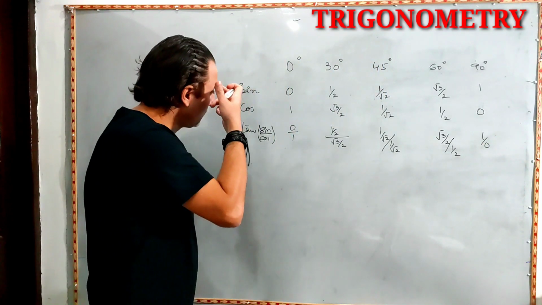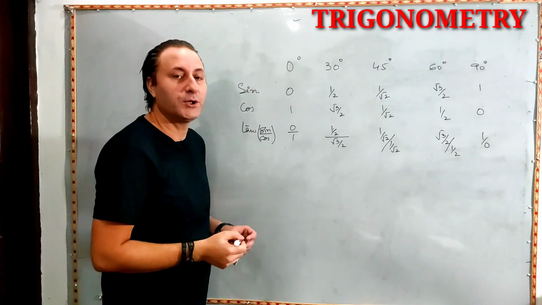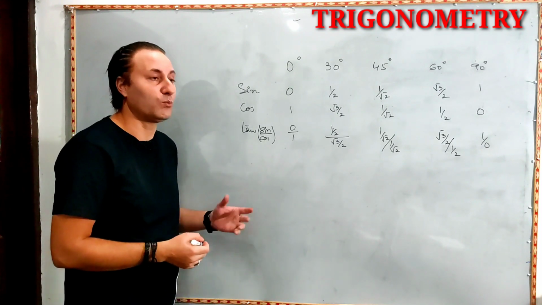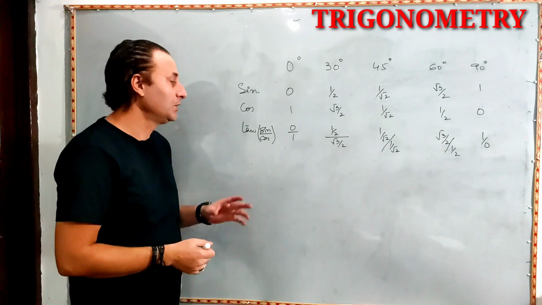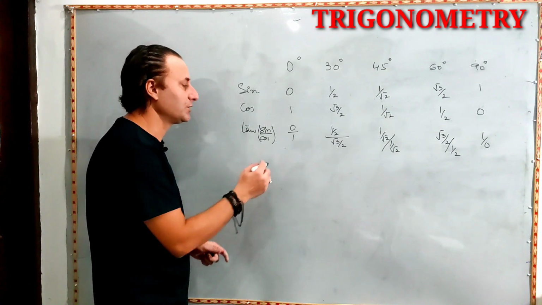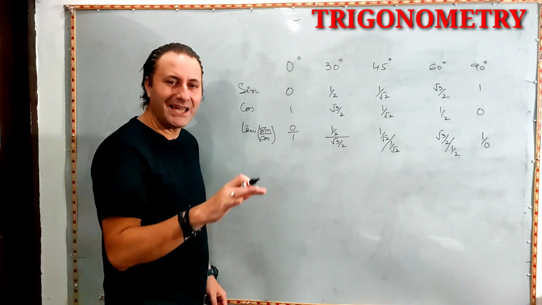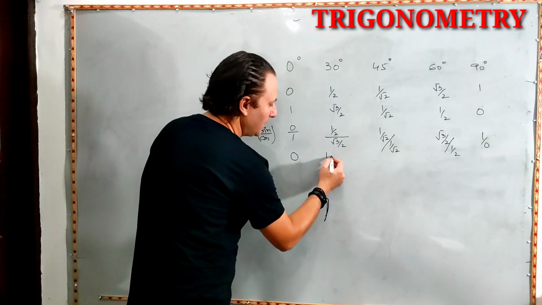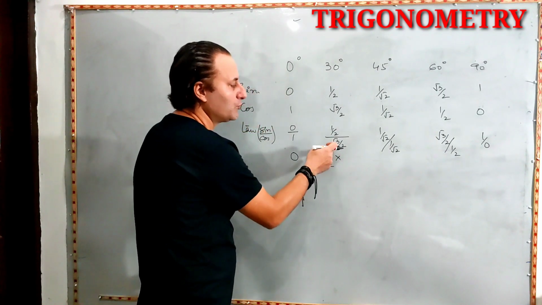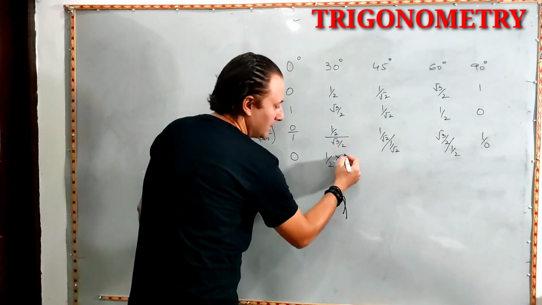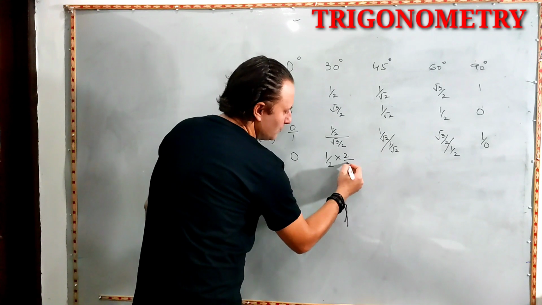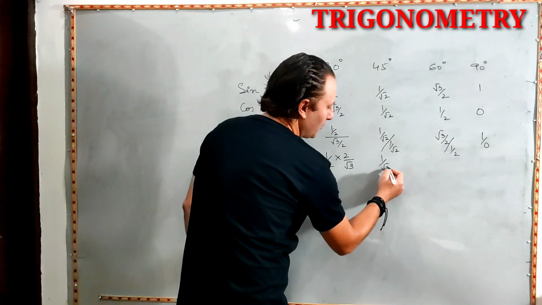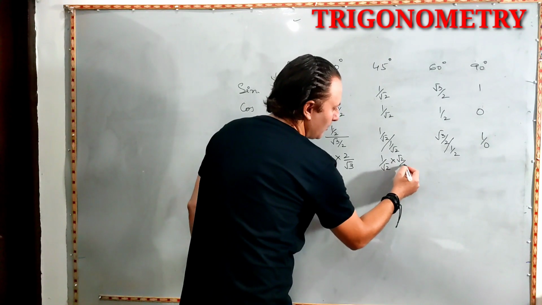Okay, now what happens? 0 divided by 1. You might know it, but there are many students who think that 0 upon 1 is infinity, but it is not infinity, it's 0. 0 divided by anything will be 0. Okay, then it is 1 upon 2 multiplied by, you know it, it becomes the reciprocal here. We will write 2 upon root 3 here. Then here also the reciprocal, 1 upon root 2 into root 2 upon 1.